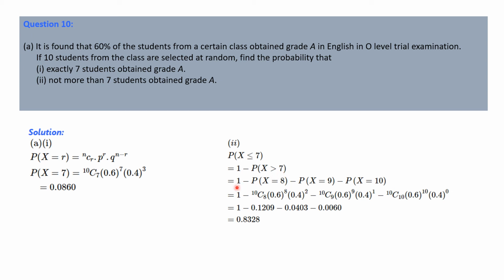So it is 1 minus probability for x equal to 8 minus probability for x equal to 9 minus probability for x equal to 10. So by using the equation of binomial distributions, we substitute accordingly the value of n and the C and the r with p and q. We will have the answer of 0.8328.